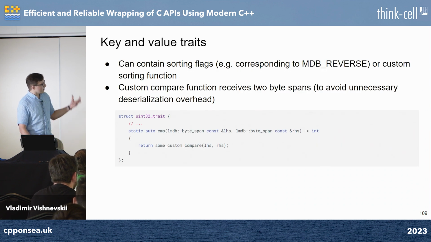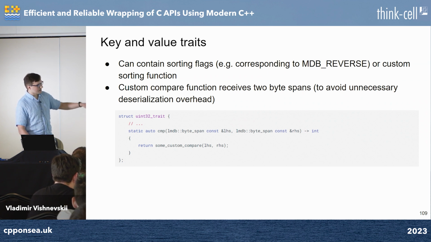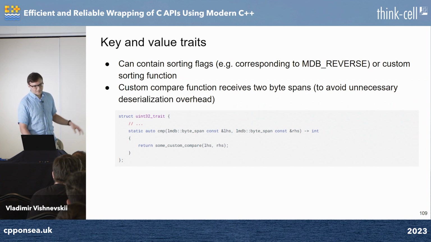Plus, our traits can also provide a custom comparison function that can be used to store the keys and values within the LMDB database. This is another thing that those traits can provide. This CMP function can provide some custom logic. It also operates with byte span, so with the client-visible constant types, not with MDB vals.